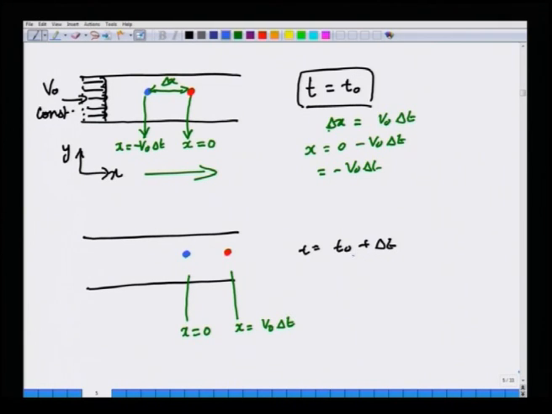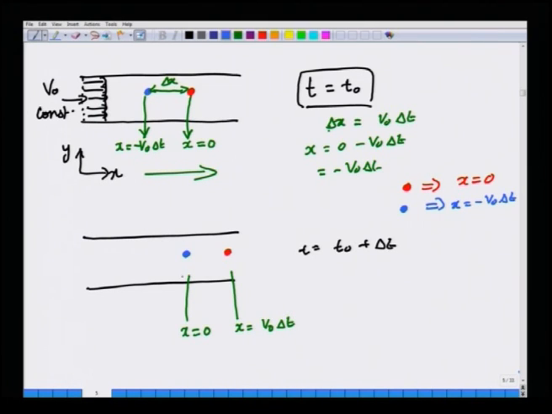Okay. So, let us also mark at this point the Lagrangian labels of these particles. The Lagrangian label of a particle is its initial position at time t equal to t0. So, the red particle is denoted by x equal to 0, that is the position of the particle at time t equal to t0, and the blue particle is denoted by x equal to minus v0 delta t.